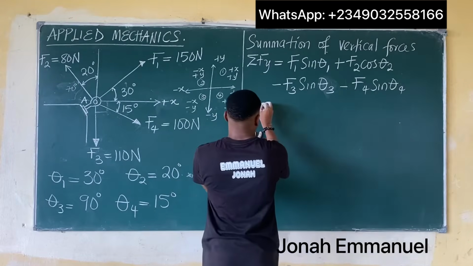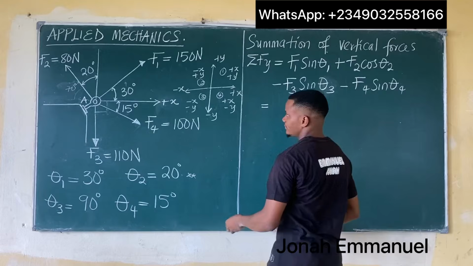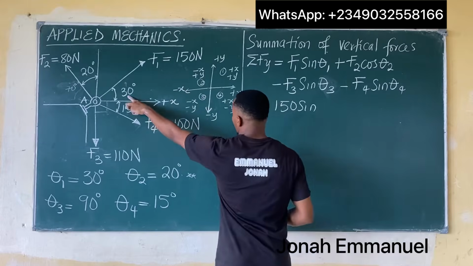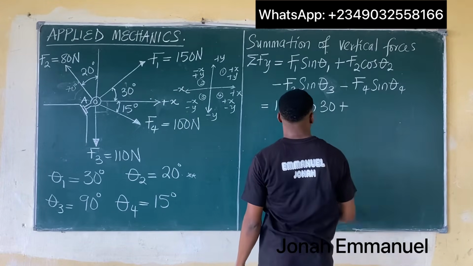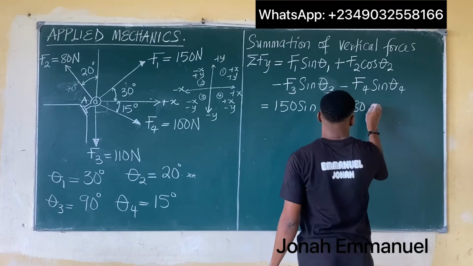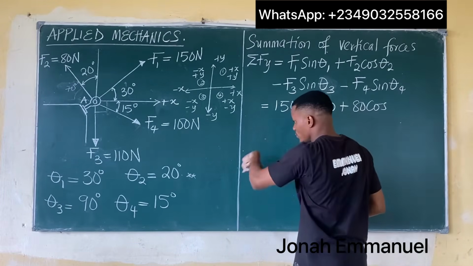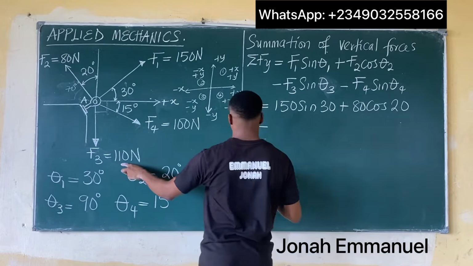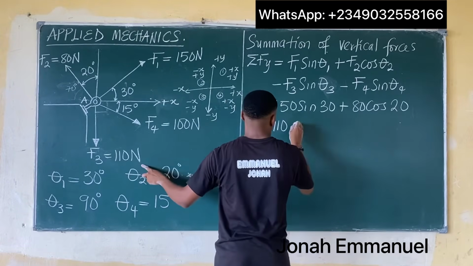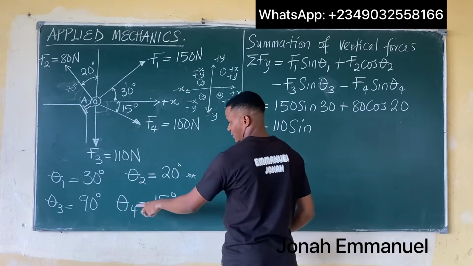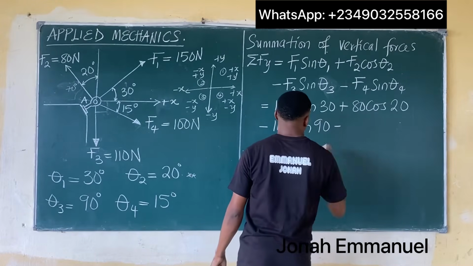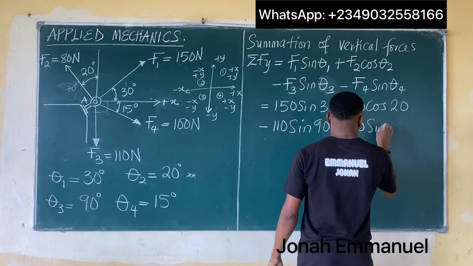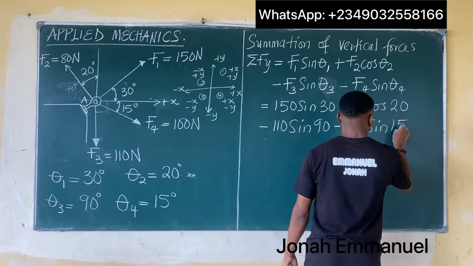Alright, input values: F1, that's 150 sine theta 1, theta 1 is 30, plus F2, 80 cos theta 2, theta 2 is 20, minus F3, 110 sine theta 3, theta 3 is 90, minus F4, 100 sine theta 4, theta 4 is 15 degrees.